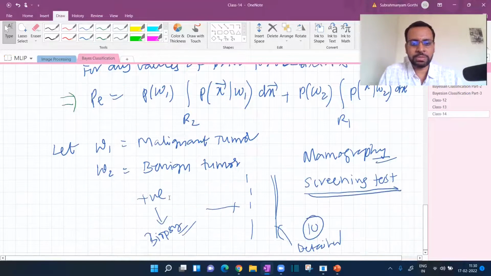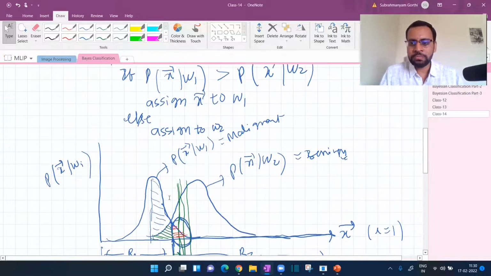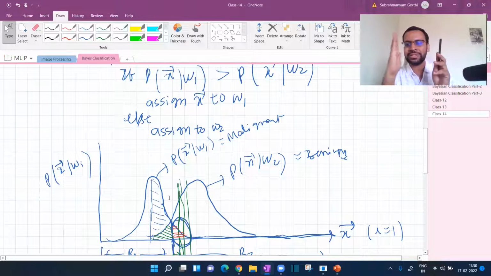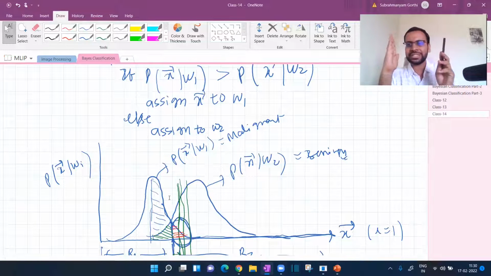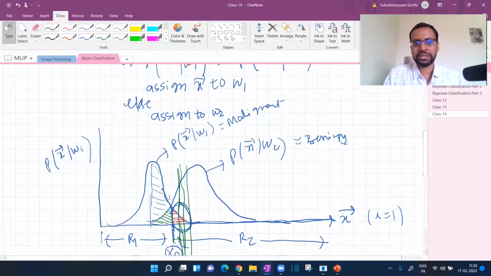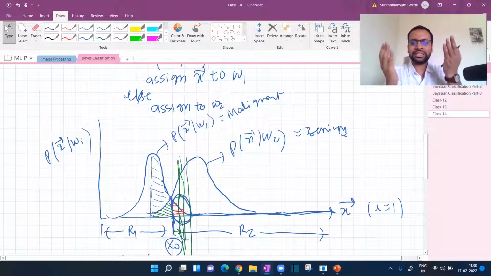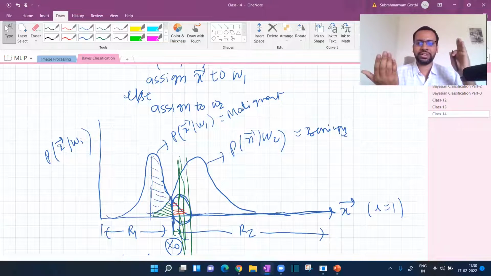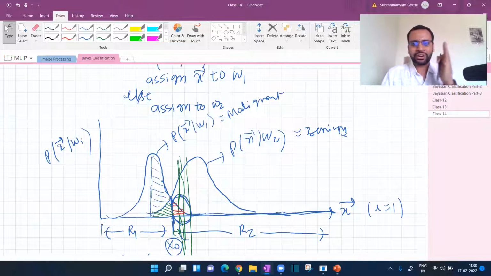That's what would eventually minimize this. Now, I need to modify that equation such that my minimization would give me a line which is to the right of X naught in this current case. Later, I'll generalize it so that if class 2 could be malignant, then I should move it to the left.